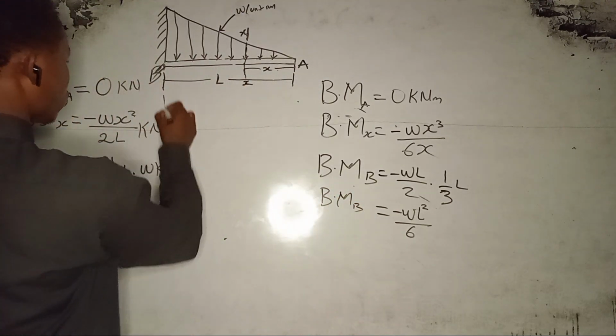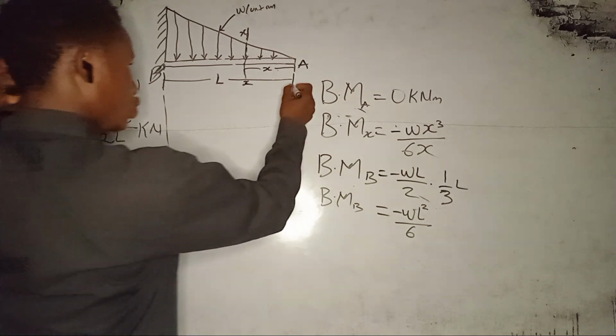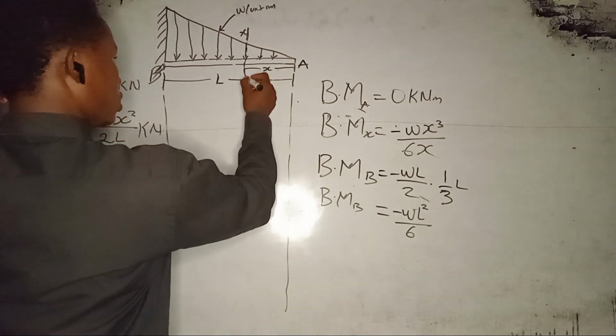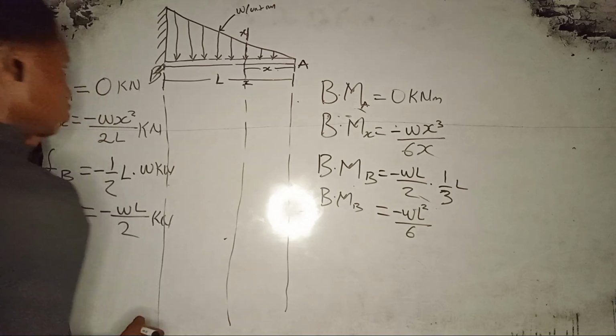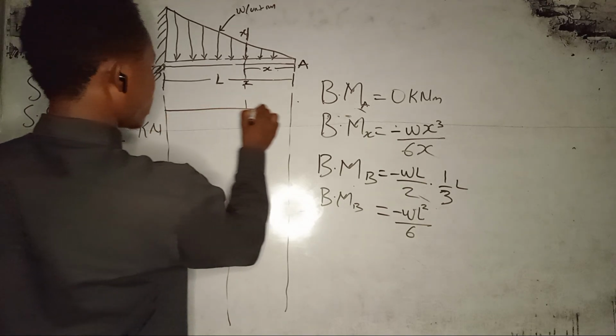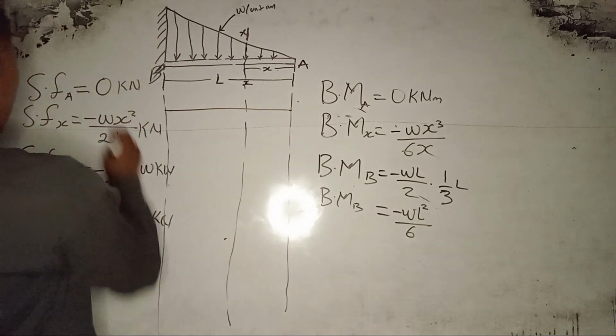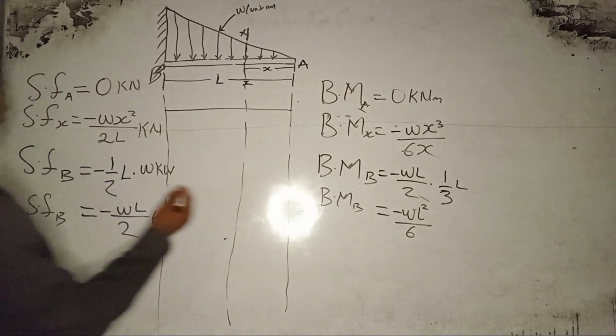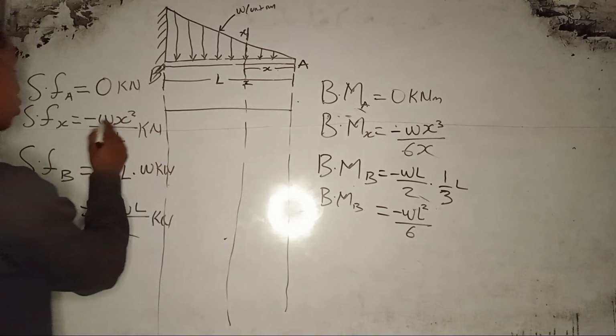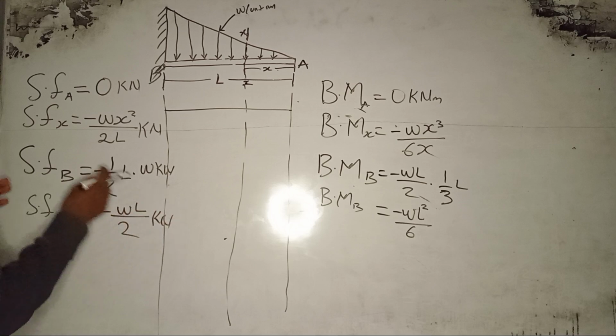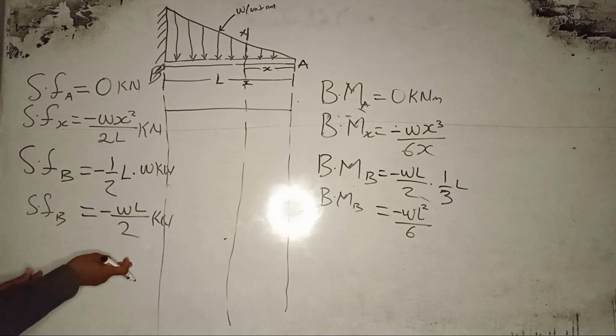So if we are asked to draw the shearing force diagram and the bending moment diagram, it is going to be something like this. We have our neutral line for the shearing force. At A, that is 0. Then at B, we have minus WL over 2, and at x, and at B, we have this.